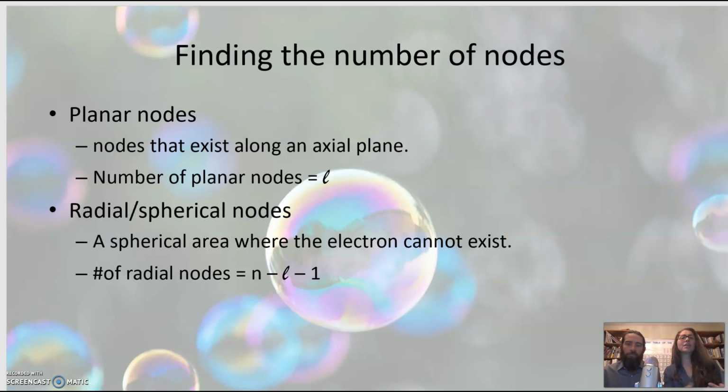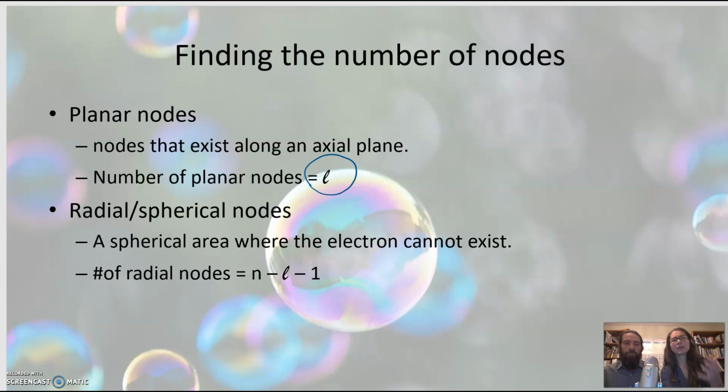Oftentimes you need to find the number of nodes. How many spherical nodes are there in this orbital? How many planar nodes, or how many total nodes would there be in a certain type of orbital? The number of planar nodes in any given orbital is equal to the number L. So for L equal to 0, any s orbital, there are no planar nodes, which really makes sense.